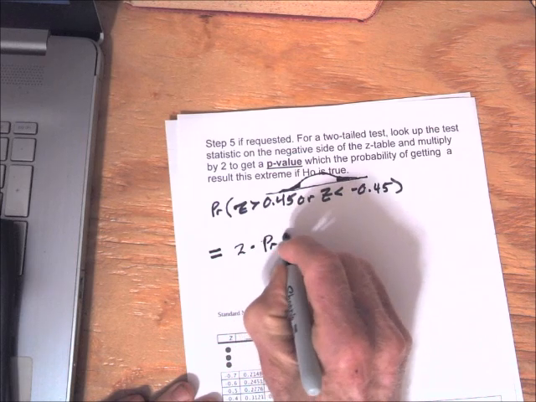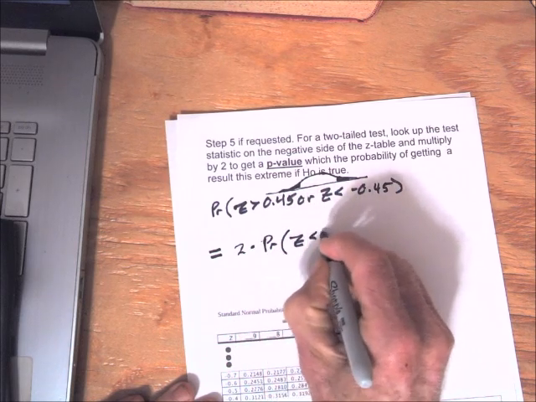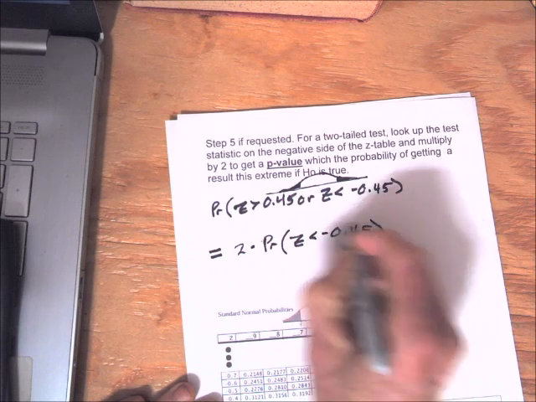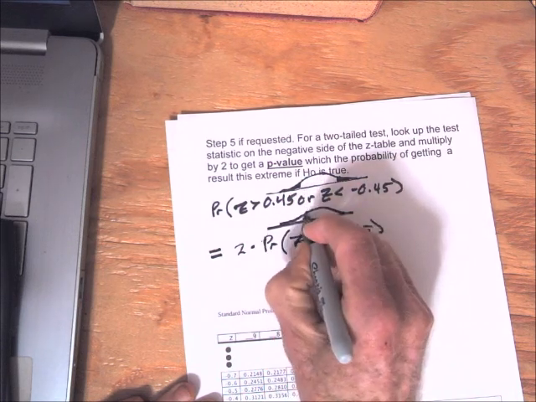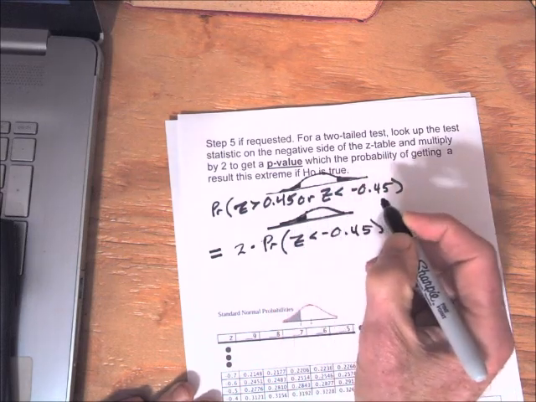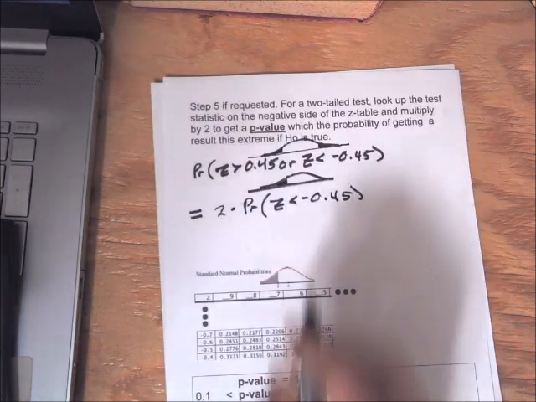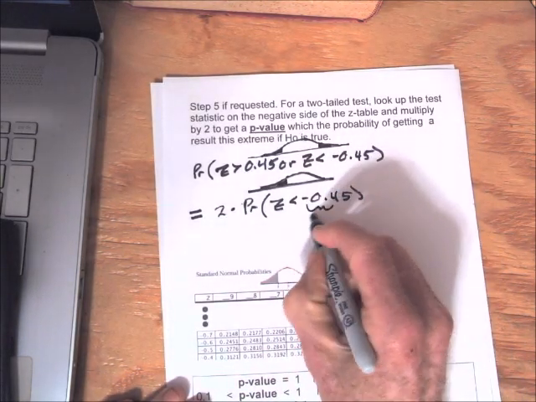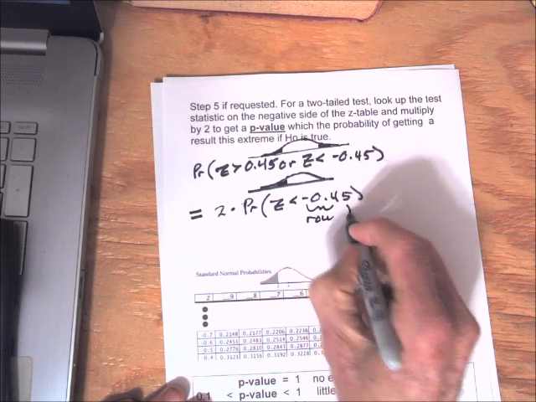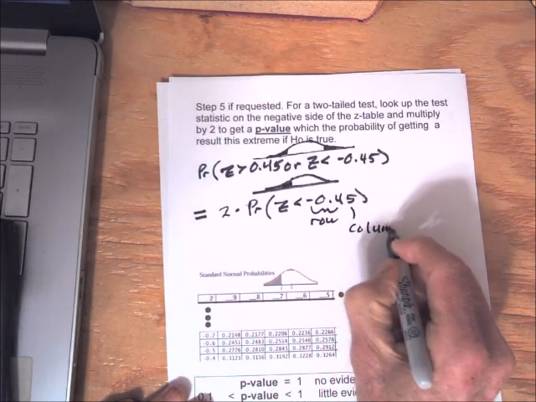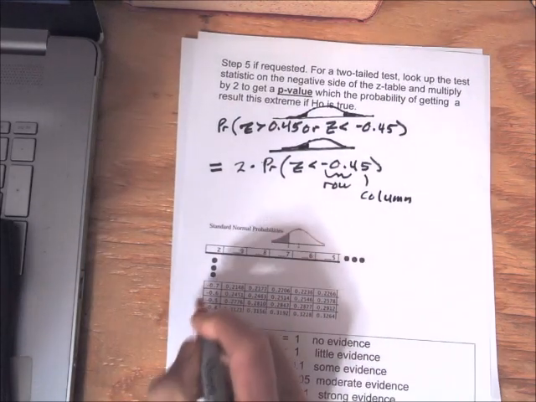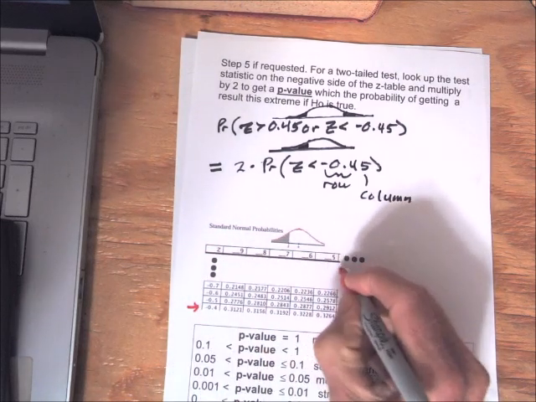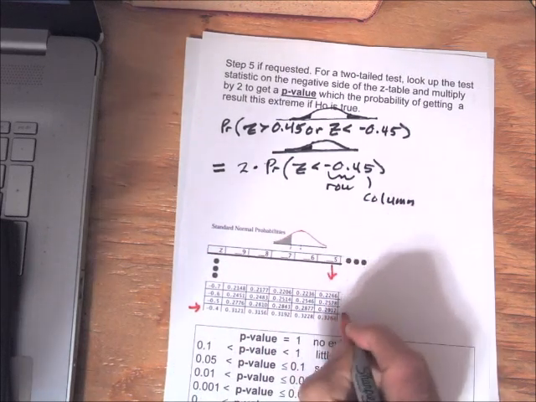So this is 2 times the probability z is less than negative 0.45. I'll draw the picture again. And here we want just the left side. So we want to look in row negative 0.4 and column 5 of the z-table.